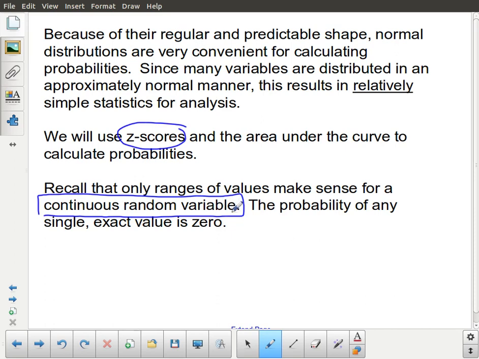The idea here is that when we have our mean in the middle and then our curve on either side of it, a continuous random variable just means that the variable can take on any values to either side of the mean. And the mean itself could be any value.